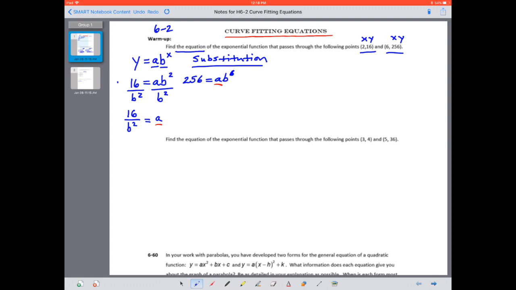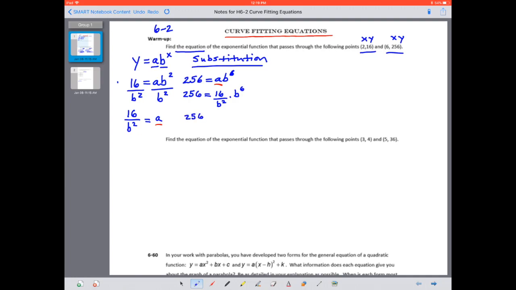Let's do it. So 256 equals, instead of a, we're going to put 16 over b squared times b to the 6th power. Now, if you're one who likes to simplify, I'll go ahead and multiply the 2 fractions there.